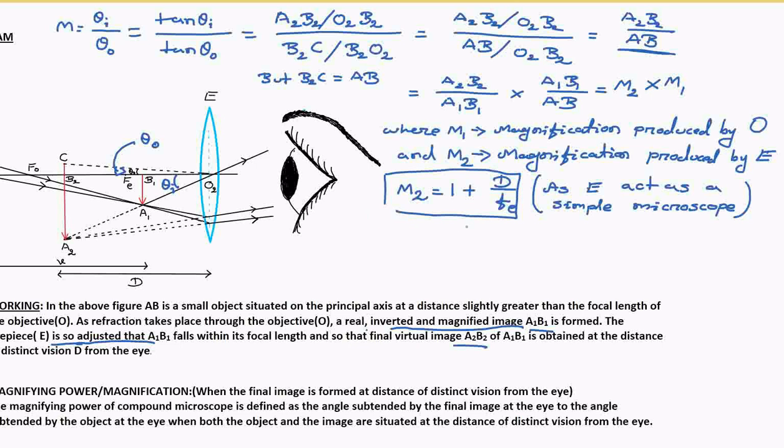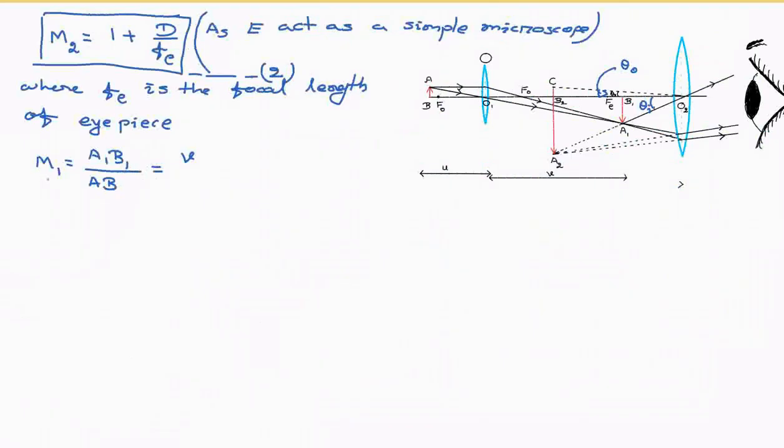Let us write this as equation number 2, this as equation number 1, and where FE is the focal length of eyepiece, and the magnification produced by the objective is M1, which is equal to A1B1 divided by AB, and already we derived the magnification produced by lens is equal to image distance divided by object distance.